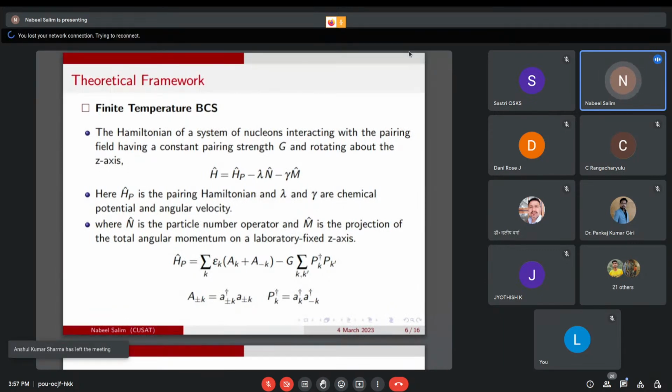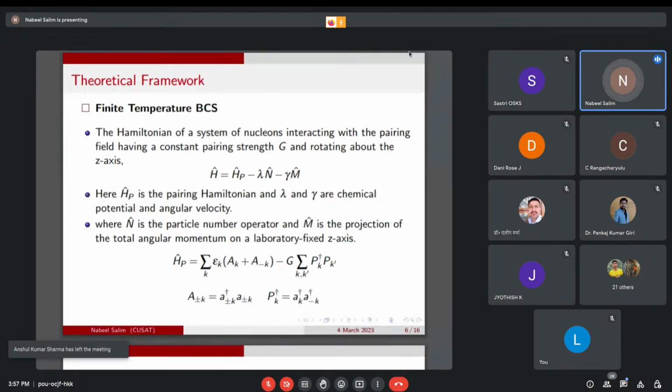We look at the theoretical framework, which is the finite temperature BCS model that we have used to study here. The Hamiltonian of the system with a constant pairing interaction strength G can be written as H equals H_p minus lambda N minus gamma M, where H_p is the pairing Hamiltonian, lambda is the chemical potential, N is the particle number operator, gamma is the angular velocity, and M is the projection of the total angular momentum operator.